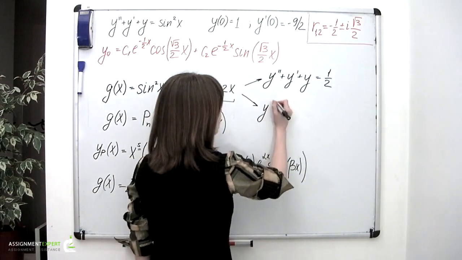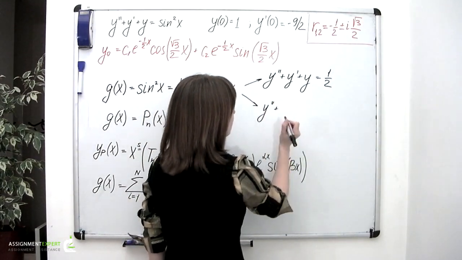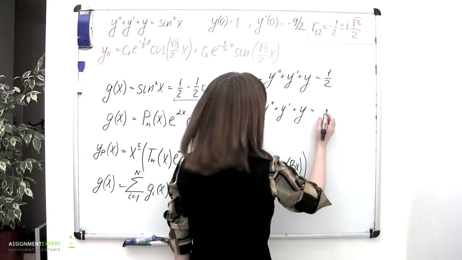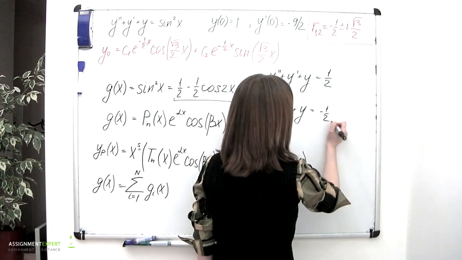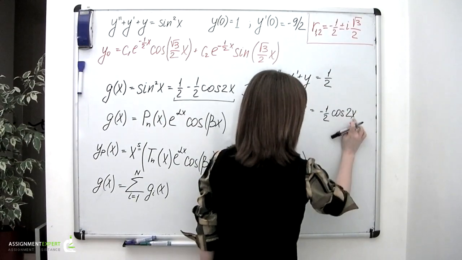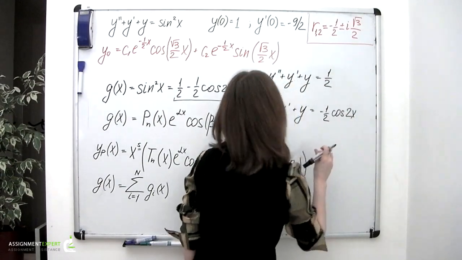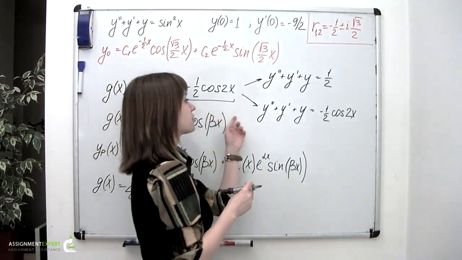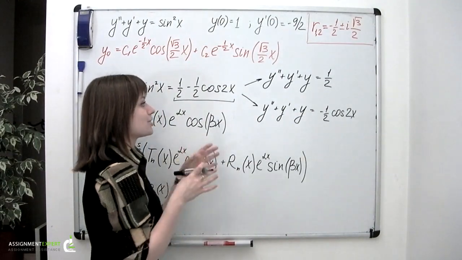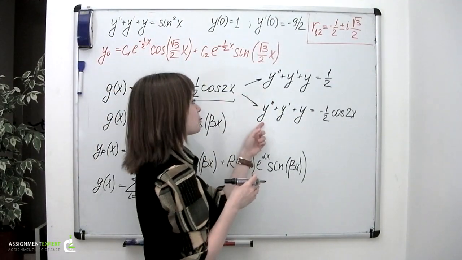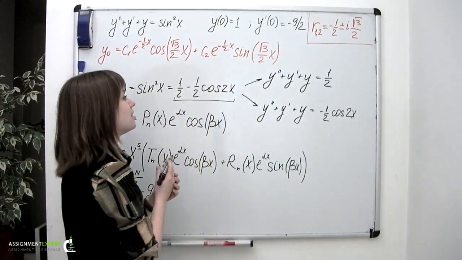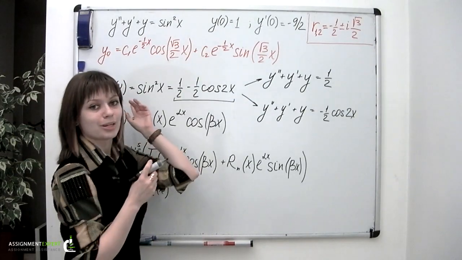And another one is y double prime plus y prime plus y equals negative 1/2 times cosine of 2x. And then solve each of them for the particular solution, and then, having done that, we need to add these solutions, and this way we're going to obtain the particular solution to the original equation.